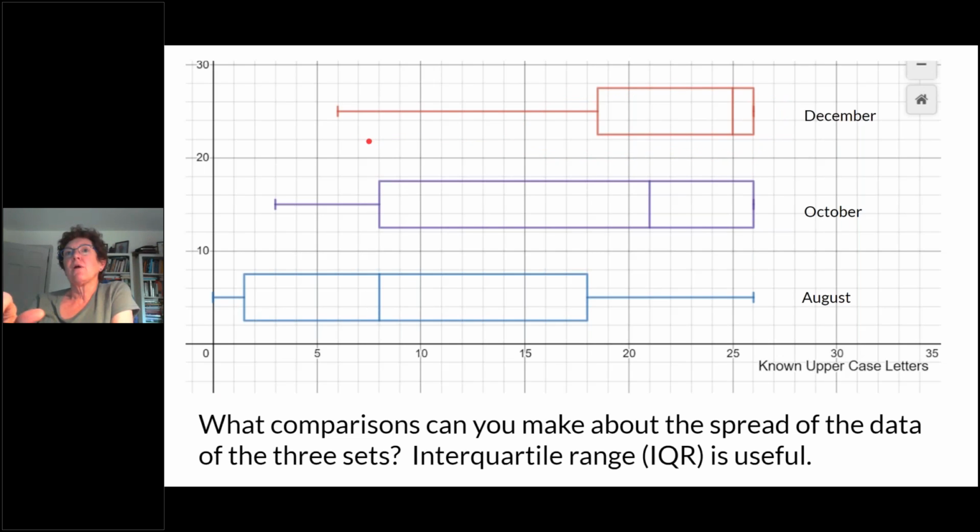But let's say that this data right here was one teacher in December, and this data was another teacher in December, and this data was another teacher in December. So these were, instead of being August, October, December, these were all in December, but this is class 1, class 2, class 3.